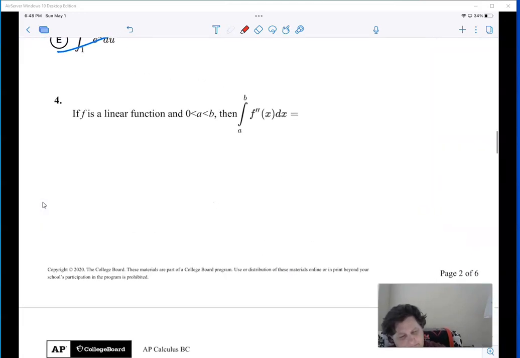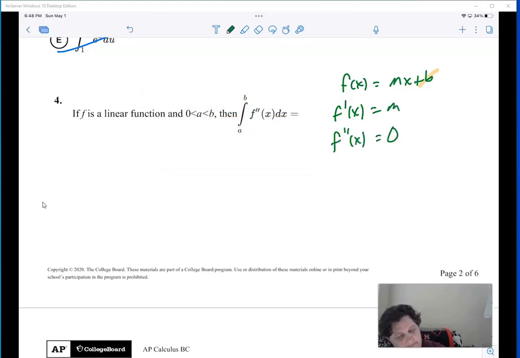Okay, check this out. f(x) is a linear function. f is mx plus b because it's linear. f'(x), the derivative of that, is a constant. f''(x) is 0. So this is asking me, what's the integral of 0 from a to b? Well, you guys, the integral of 0 is 0 plus a constant, though, right?